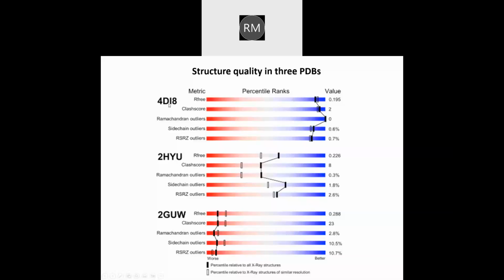So these are the different parameters for the validity of the structures. The above, 4DI, is the Protein Data Bank entry number. The above structure is quite good, and the below one is a very bad structure, but nevertheless submitted because that is the best you can get from the crystals.